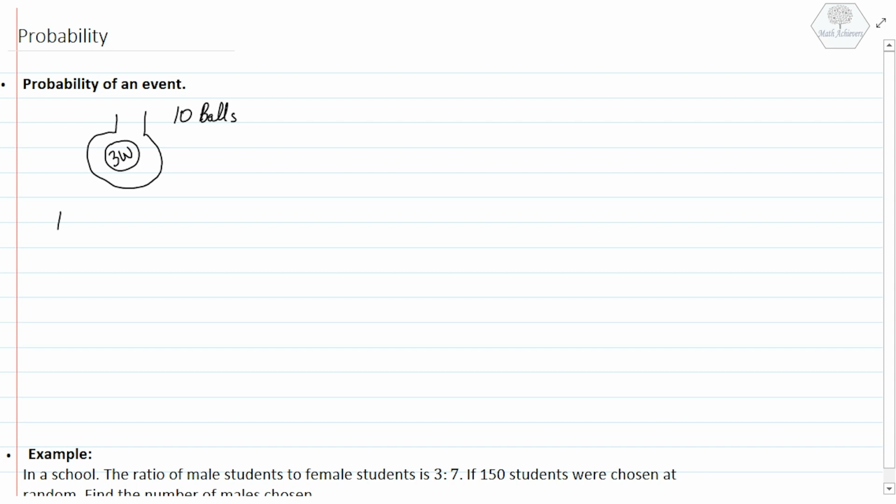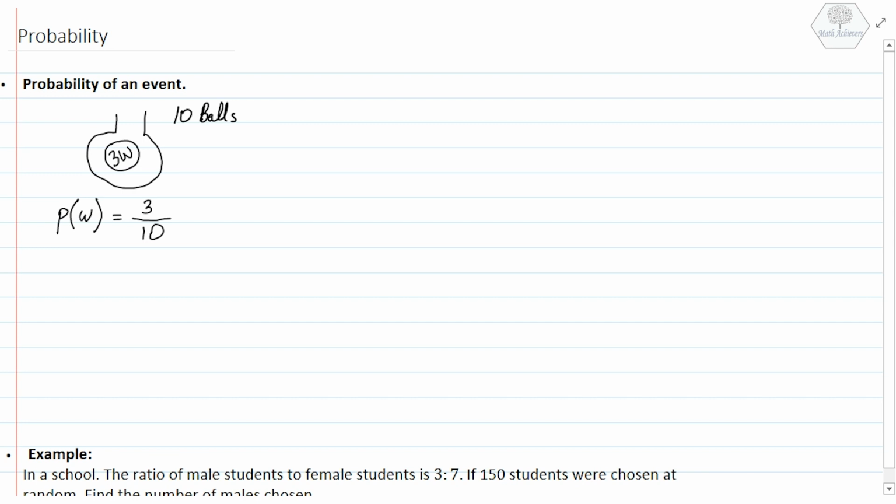Simply to find the probability of picking up a white ball, this would be equal to 3 over the total number of balls inside this bag. So this would be equal to 3 over 10.